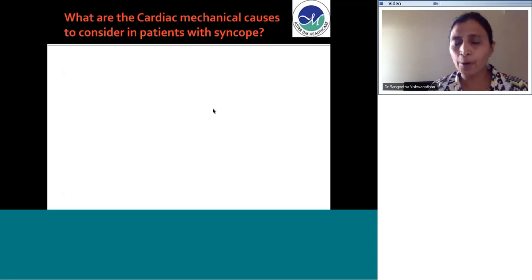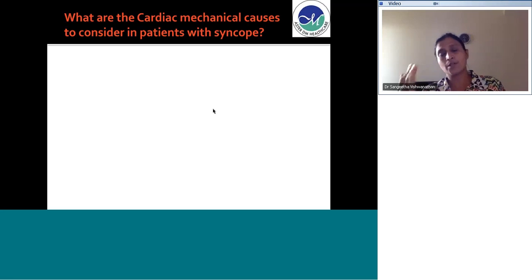Okay, so I promised that we would discuss the cardiac mechanical causes to consider in patients with syncope. So we have already touched upon left ventricular outflow tract obstruction. These are mechanical or structural kind of causes. So we talked about LVOT obstruction. Okay, we talked about severe mitral stenosis.